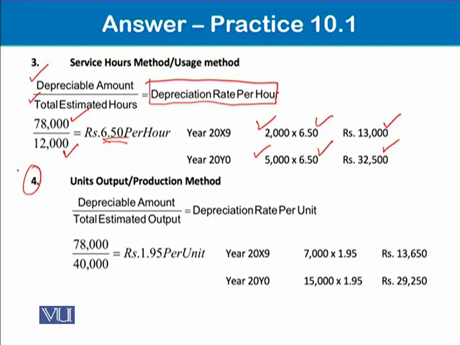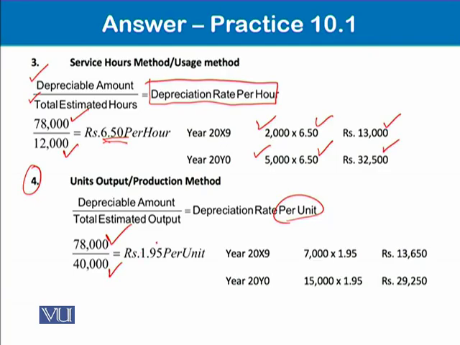And now the next method, the units output or production method. The formula is almost the same: depreciable amount divided by, where we had total estimated hours, here we will divide by total estimated output. So we will get the depreciation rate per unit. Our estimated output for this asset is 40,000 as given in the question.